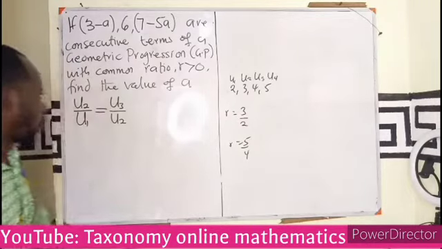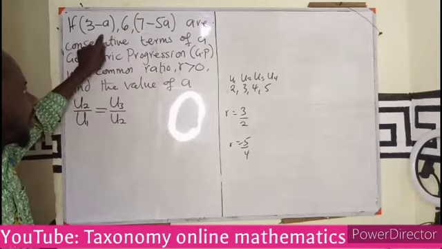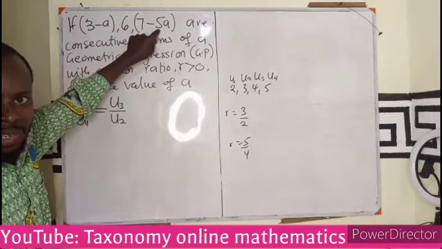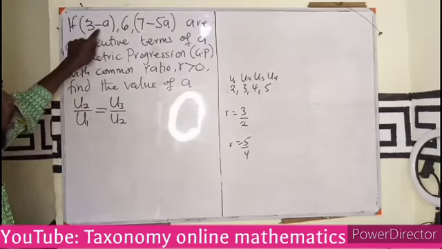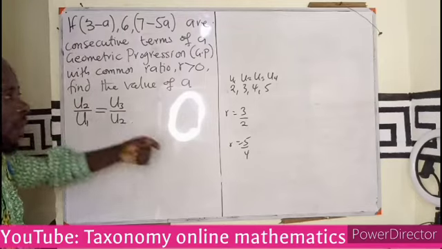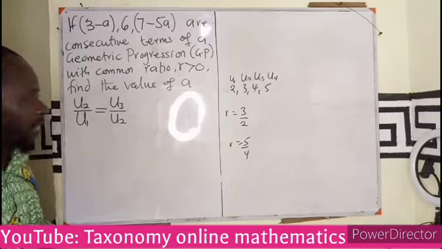So if that is the case, this is our first term. It says it's consecutive, so first, second, third. The second term over the first term, the ratio, should be the same as the third over the second.